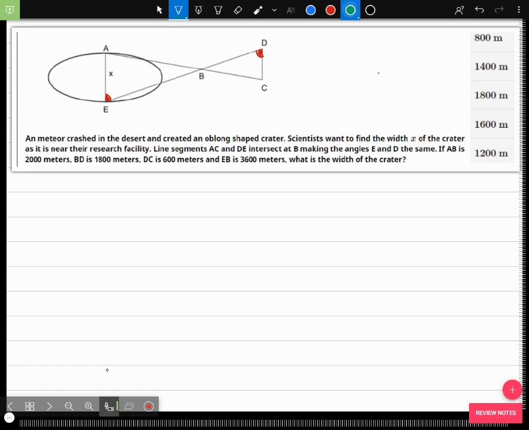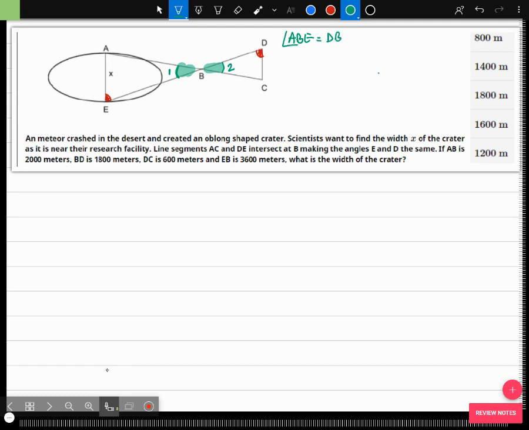In addition to that, do you know that when two lines intersect this way, the angles so formed we call vertically opposite angles? I hope you remember this one. Vertically opposite angles are equal. So let me take angle ABE, angle 1, and angle DBC, angle 2.